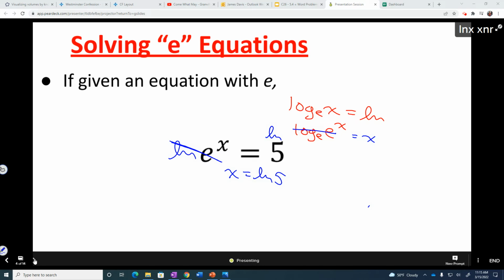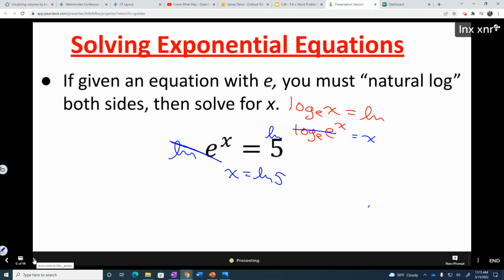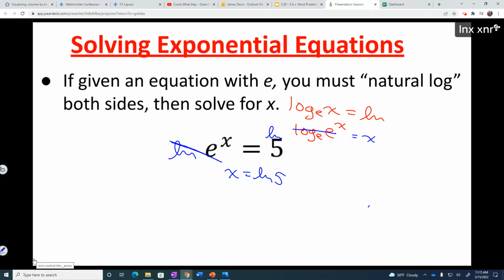So really the only note to write down is if you're given an equation with e, you take the natural log of both sides. It's not really a technical name. And then you'll solve for x.